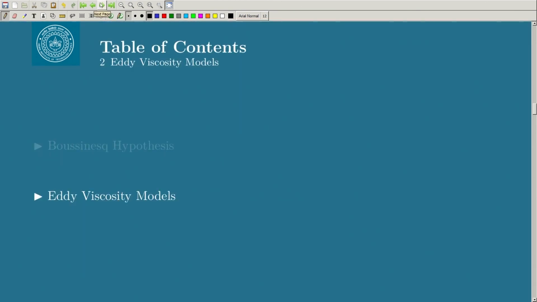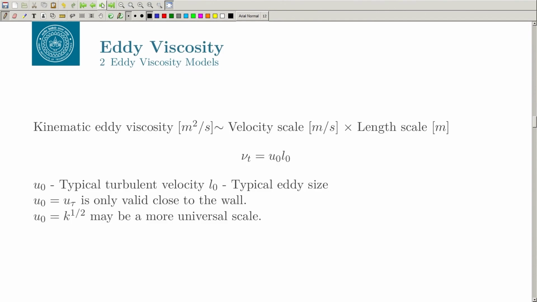Okay. Now, all the models which basically relate the Reynolds stress or the power stress to the mean flow gradient come under the category of eddy viscosity model, right. So, we are looking for finding out mu T, right, which is the eddy viscosity, or you can write the kinematic eddy viscosity as nu T, which will be given by mu T by rho.